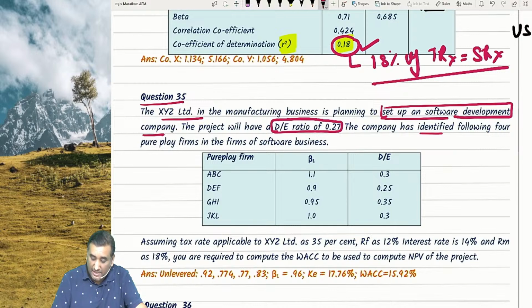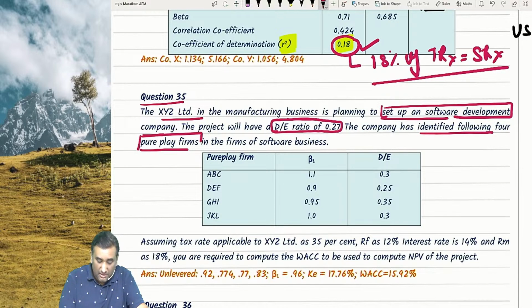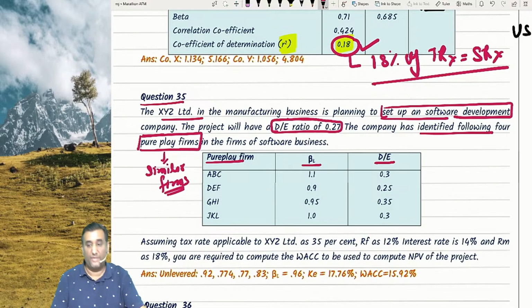The company has identified the following 4 pure play firms. Pure play firms are similar firms. Pure play firms, beta levered and debt equity: ABC, DEF, GHI and JKL. These are the pure play firms.